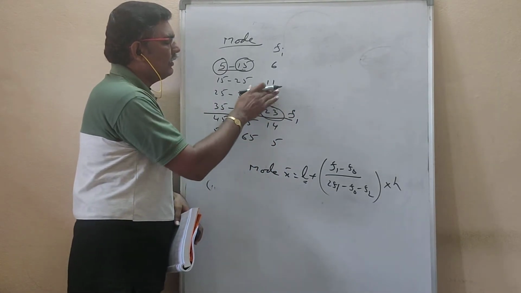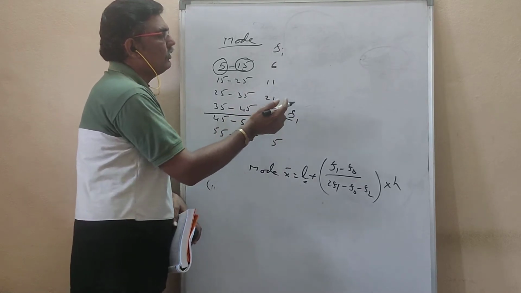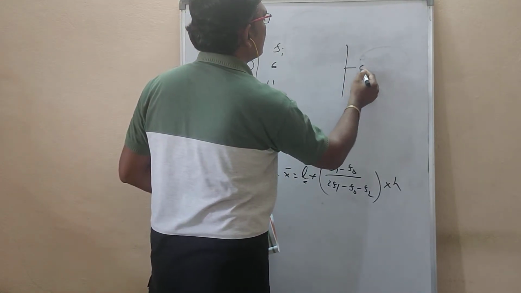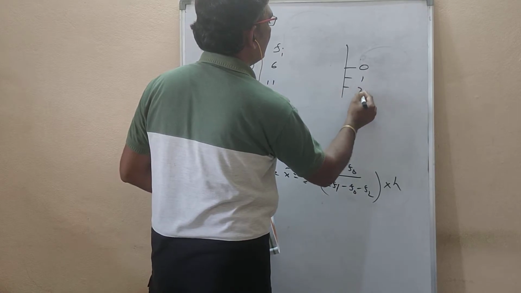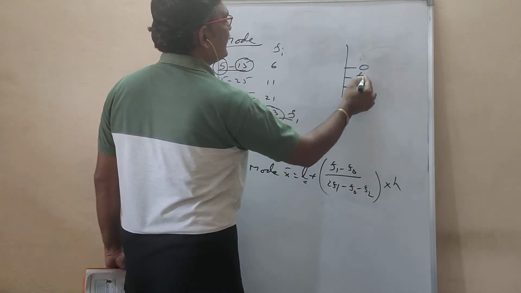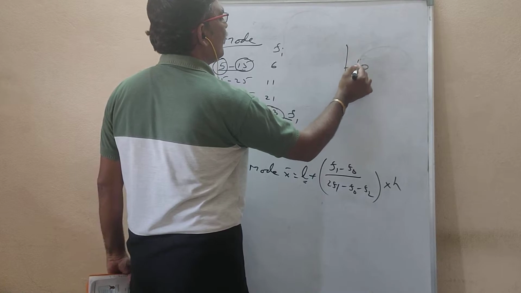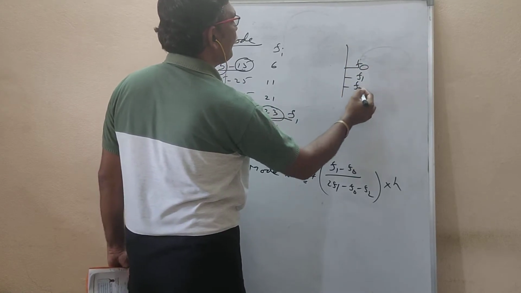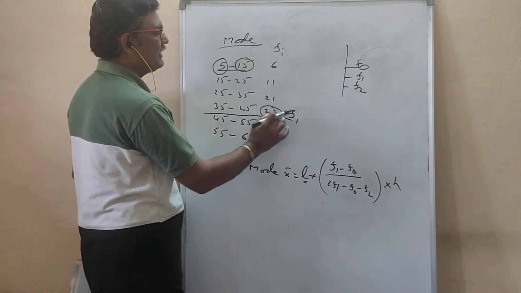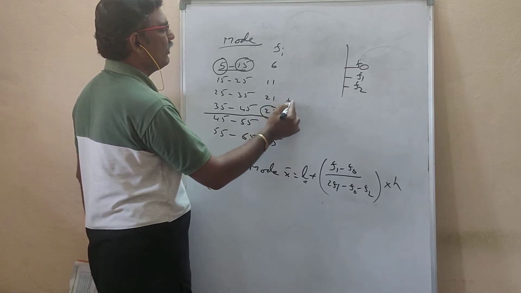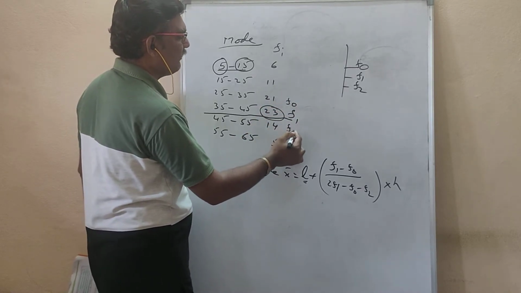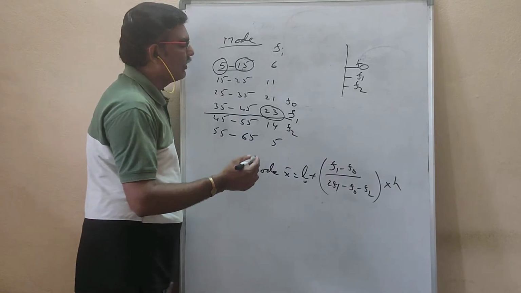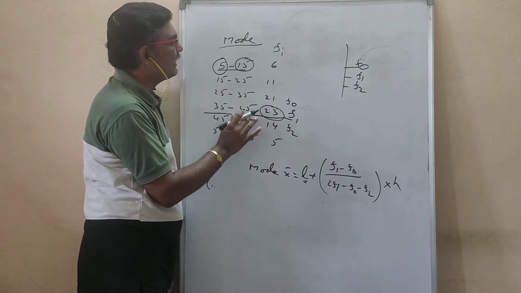So above one, next one. In the number line, 0 will be there, then 1, 2. If it is F1, the above one becomes F0, and the next one becomes F2. Just listen carefully once again.